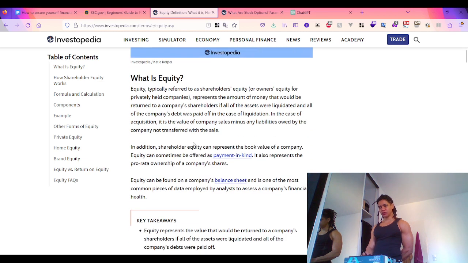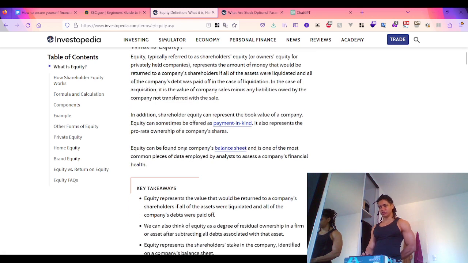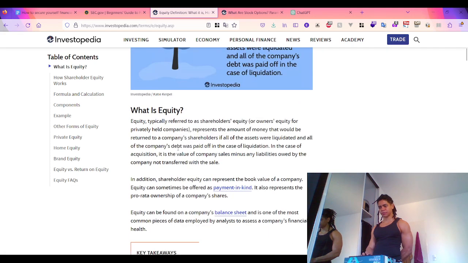In addition, shareholders' equity can represent the book value of a company. Equity can sometimes be offered as payment in kind. It also represents the pro rata ownership of the company's shares.